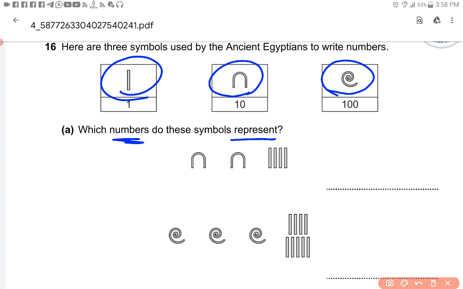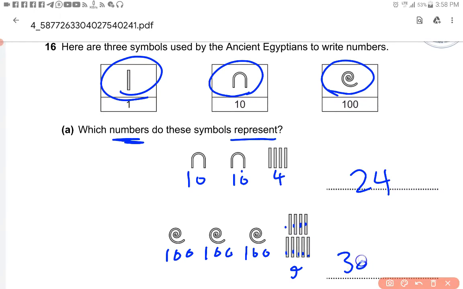The first one, here 10 and 10, and here 4. So the number will be 24. The second, here 100, and here 100 also, and here 100, and here 1, 2, 3, 4, 5, 6, 7, 8, 9, it will be 9. So the answer will be 309.